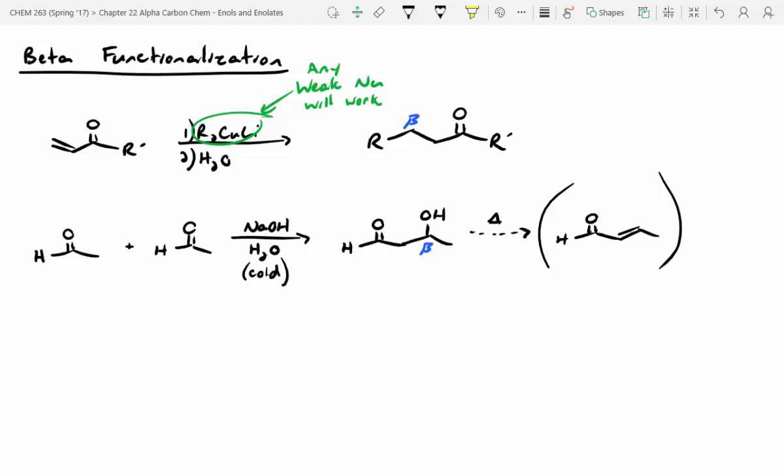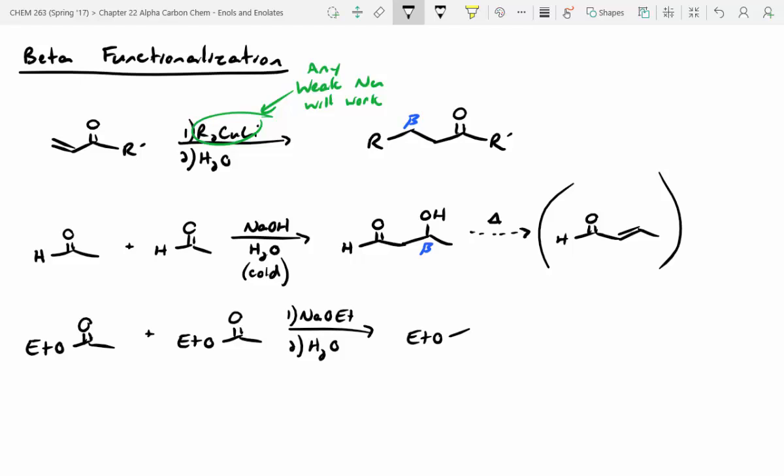All right, and then one last one was our Claisen condensation. And I'll just make these simple. Where again, similar to the aldol, but this time your beta position now contains a new carbonyl.